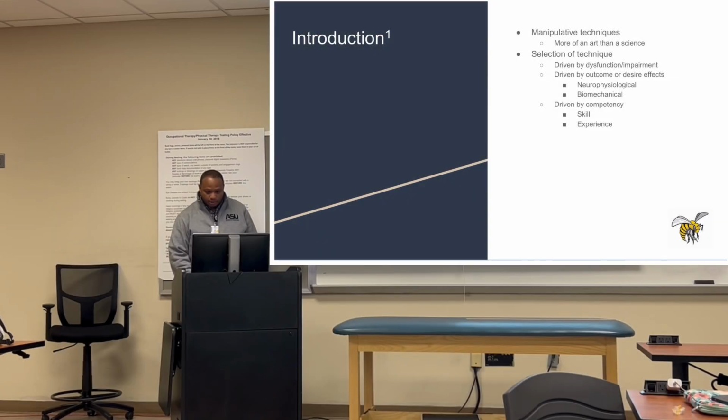Manipulation techniques are considered more of an art than a science, but there is science behind them, and it takes skill to be able to perform them. The selection of the technique is going to be driven by the dysfunction or impairment. What in the world does that mean? Driven by the dysfunction or impairment.